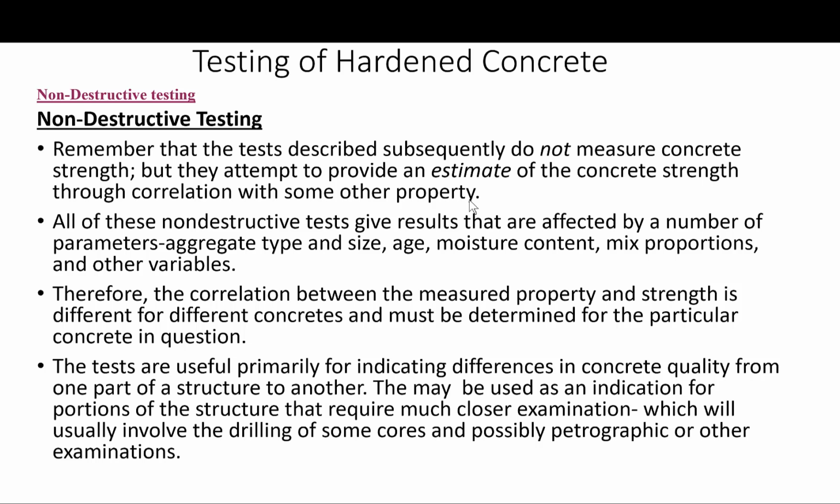As I said, comparison. So they may indicate those portions of the structure that may require much closer examination, which will usually involve the drilling of some cores and possibly petrographic or other types of examination. Okay, so they are good for first estimation and for comparison purposes.